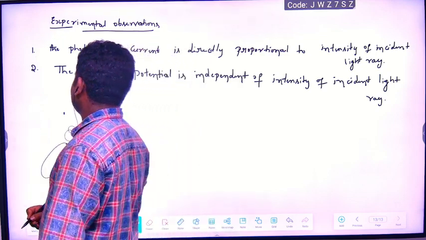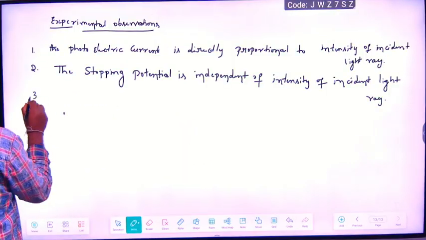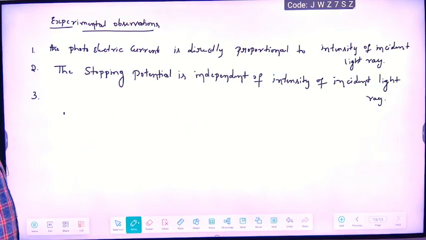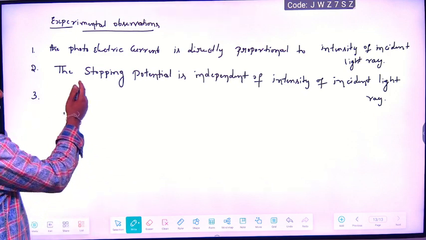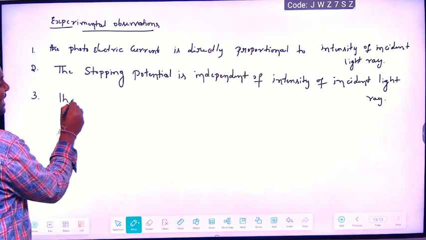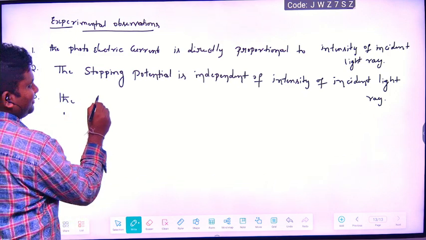What is the third point? One more point I mentioned: the stopping potential depends on the nature of the material. Write that.